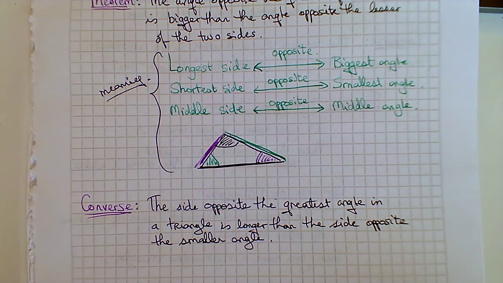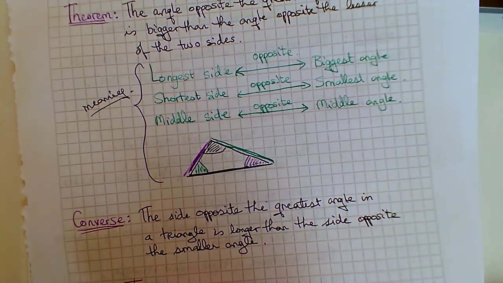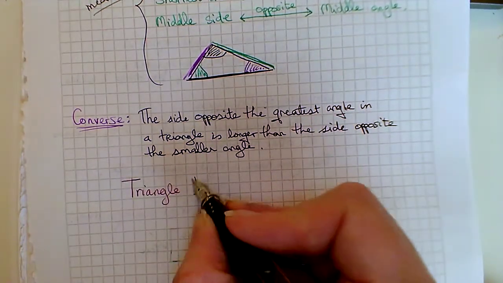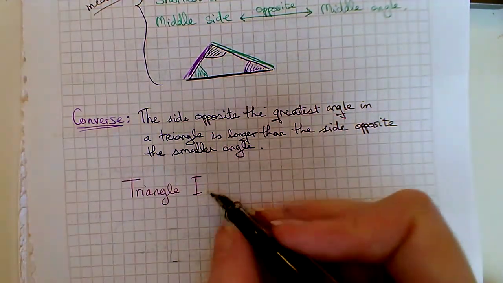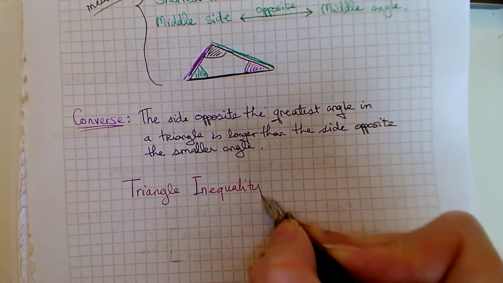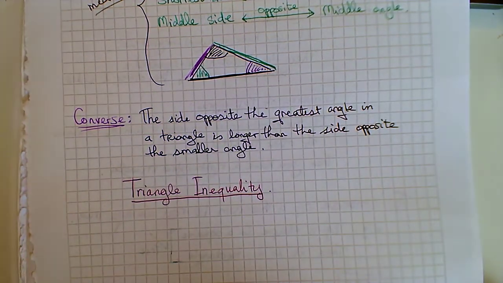And we'll just finish up with this fact about triangles, and it's called the triangle inequality. The triangle inequality says that when you add up any two sides, it will always be bigger than the third side.